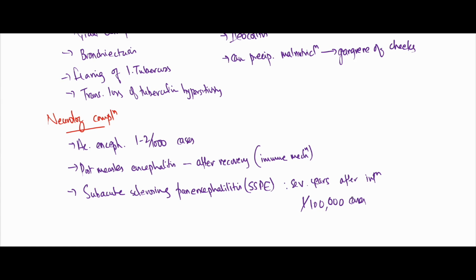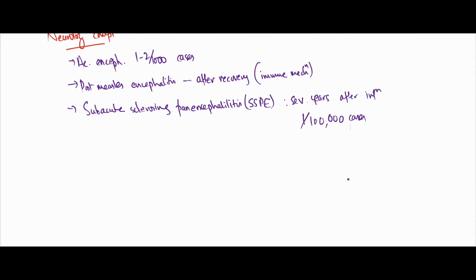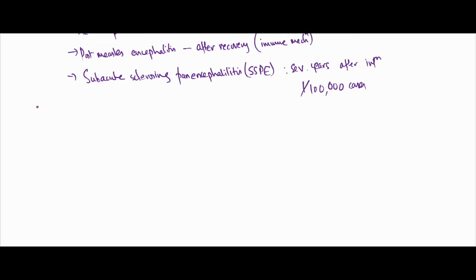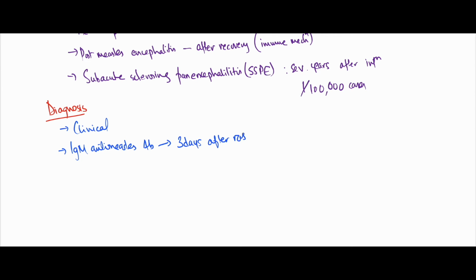So how do you make a diagnosis of measles? It is mostly clinical. You can see IgM anti-measles antibody, which is present 3 days after the rash and persists for up to 1 month.